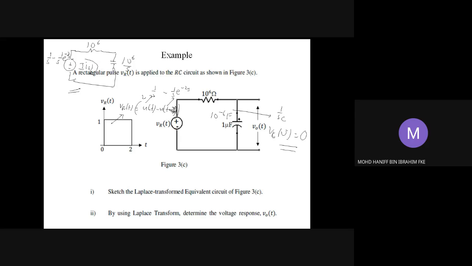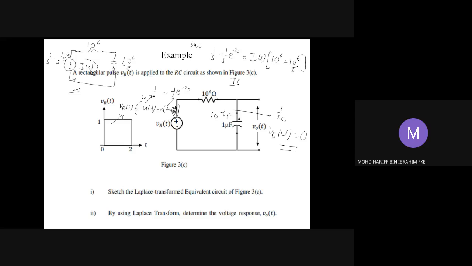Okay, let us proceed with this I(s). Using KVL, we can write for this particular circuit that the voltage source, 1 over S minus 1 over S exponential negative 2S, should be equal to I(s) multiplied by 10 power of 6 plus 10 power of 6 divided by S. Then we can have the I(s) term.